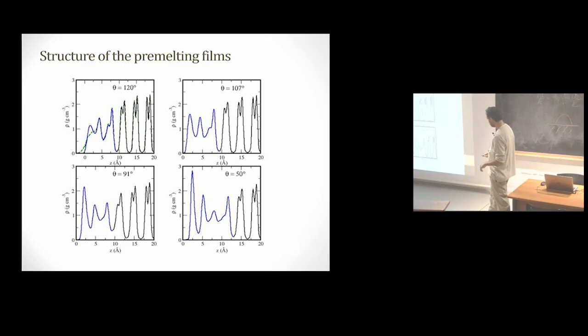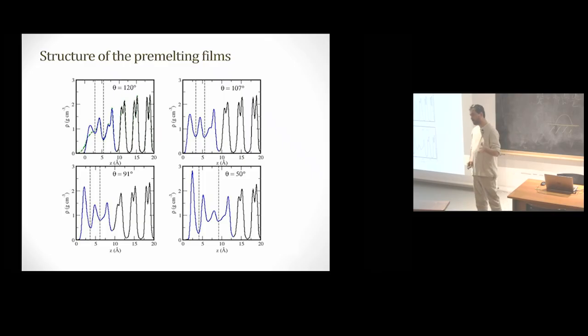Okay. Now, to follow my study, I'm going to divide my adsorption, my pre-melting film, my density profile, in three pieces. Okay. Here, to the left of this line, I will call this the wall adsorbed layer. It's the density layer of water that is close to the substrate.